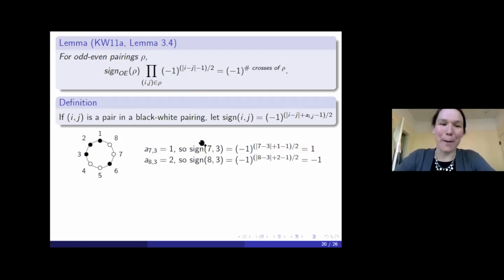So the next task in generalizing this lemma is what to replace this exponent with.